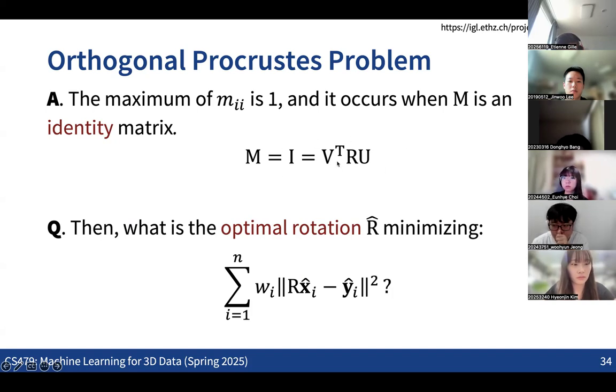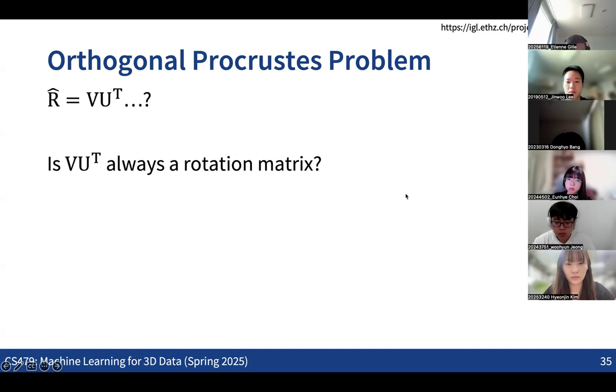And we know that V and U are orthonormal matrices, right? Based on that, we can say that the optimal rotation R should be V times U transpose, right? Makes sense? Given that M should be the identity matrix. So it sounds like the optimal rotation should be V times U transpose.